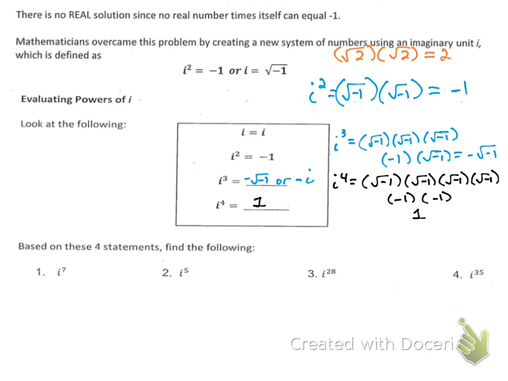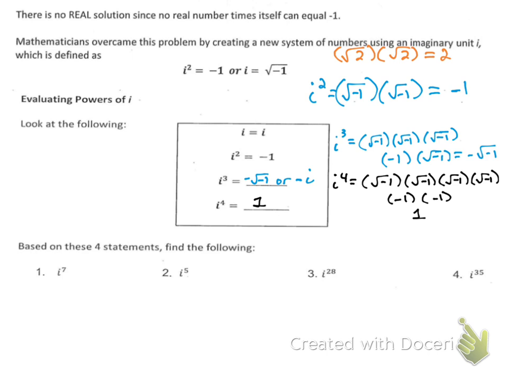And then the pattern would start over again. i to the ninth would give you i. i to the 10th, negative 1. i to the 11th, negative i. i to the 12th, 1. It keeps working in that pattern of 4, which allows you to simplify if you need to.